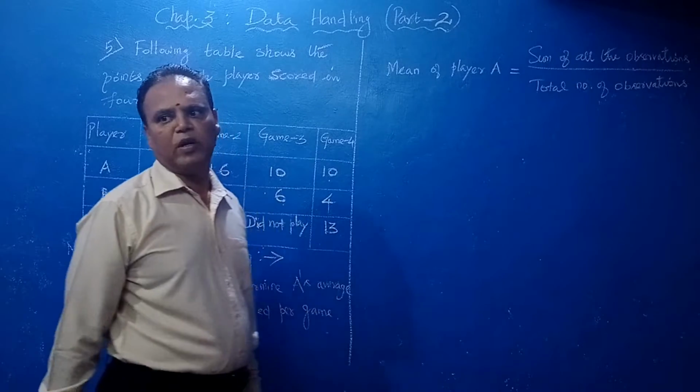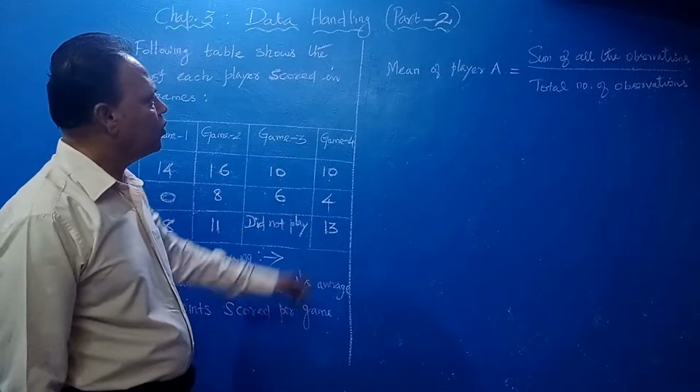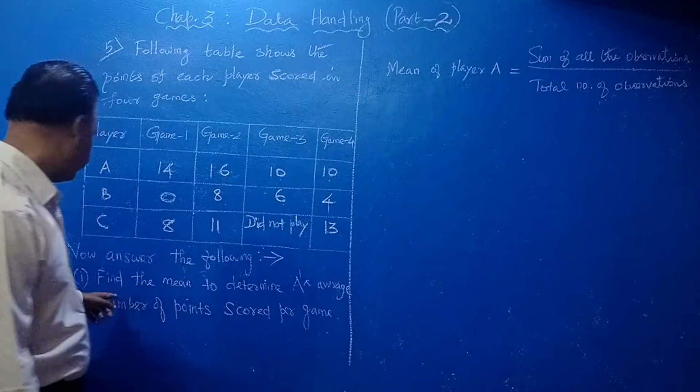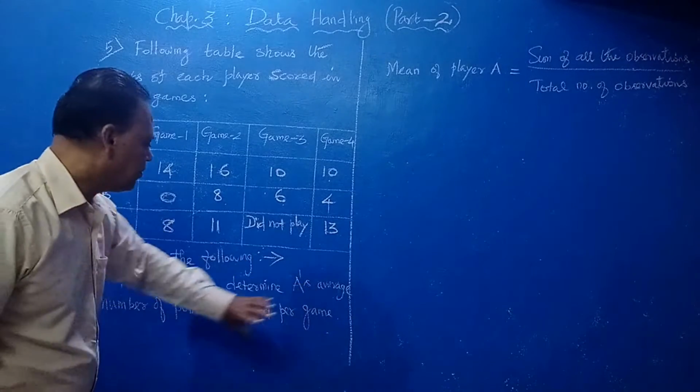Write the formula first. Now the mean of player A.